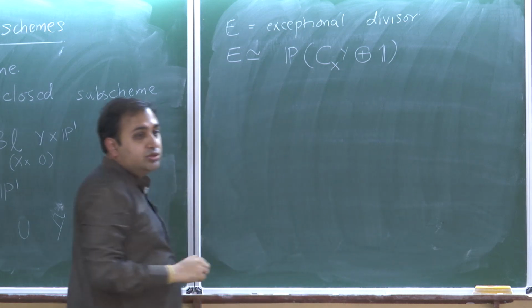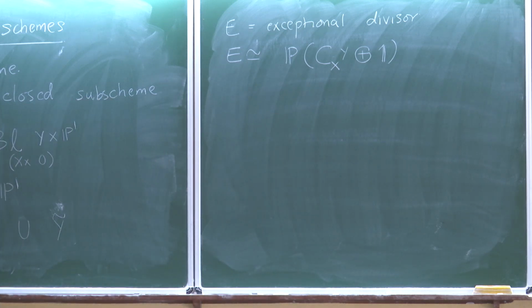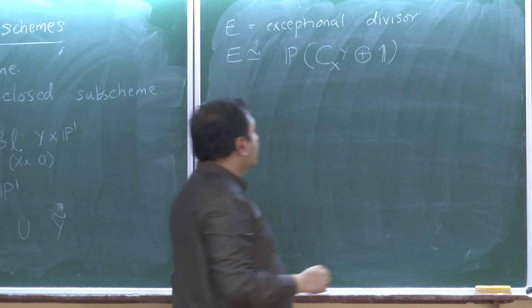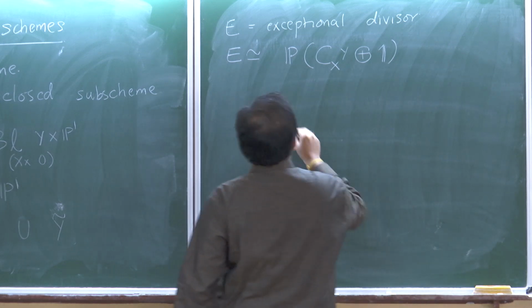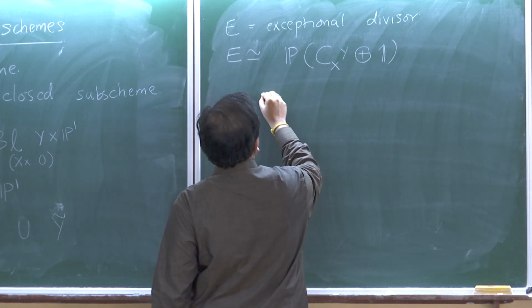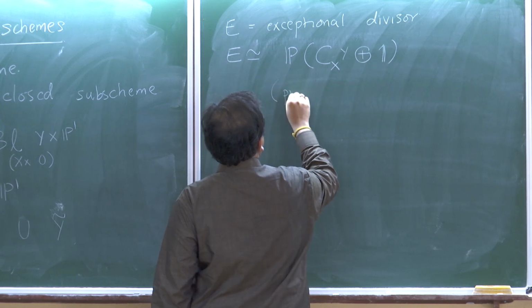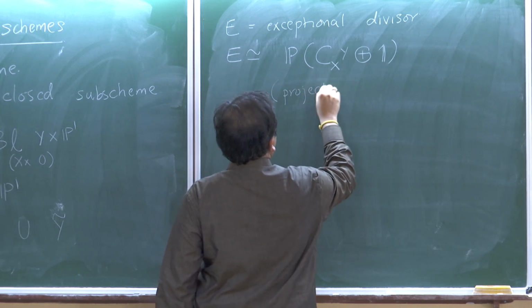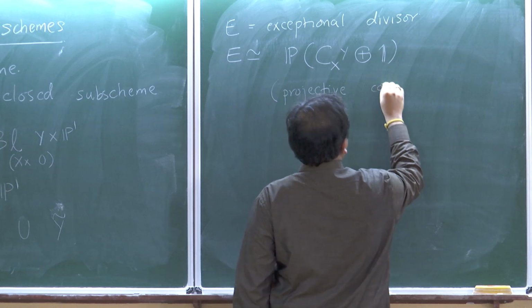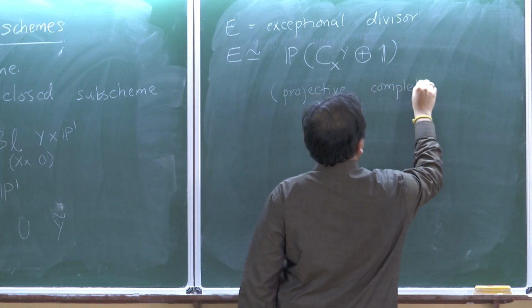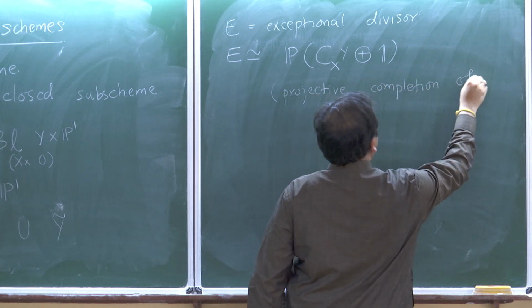C_XY is the normal cone of X in Y, and 1 is the trivial line bundle over X, and this is basically the projective completion of the normal cone.